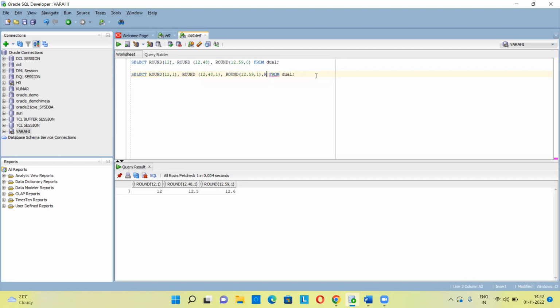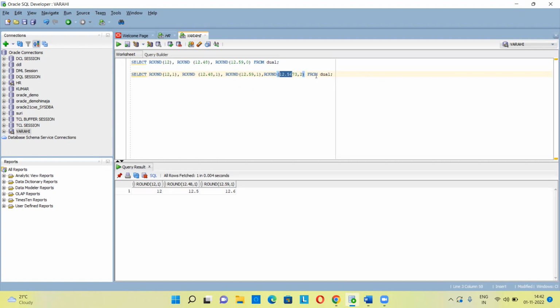I'll write one more example for you for round off. Let me write one big number. Okay, 5673, comma, and let me write 3 or 2. You can write 2 or 3, whatever you want. So I'm writing 2 now. I need two decimals in my output, right? 12.56.